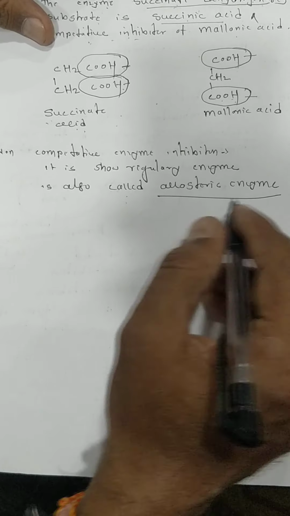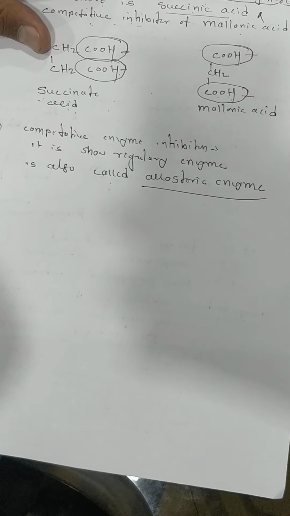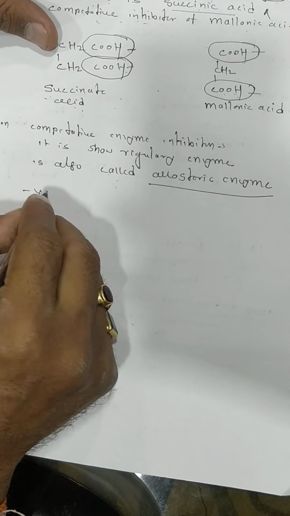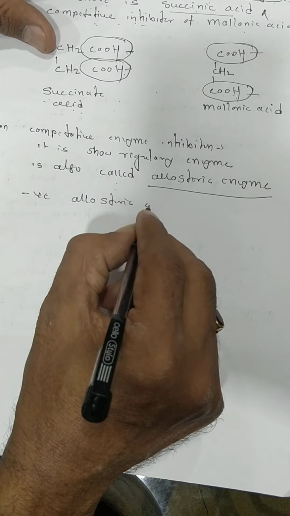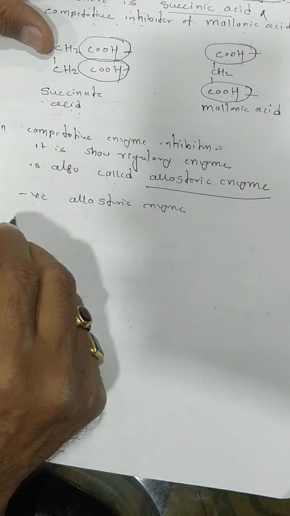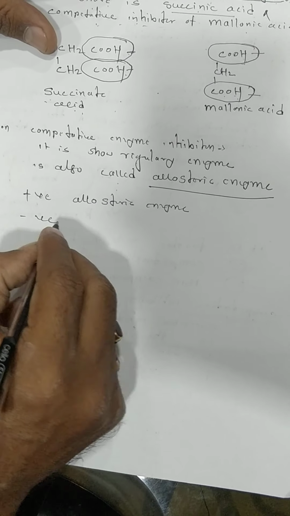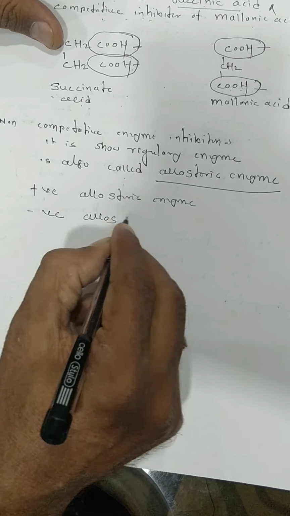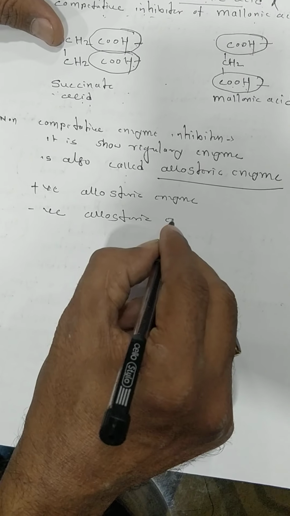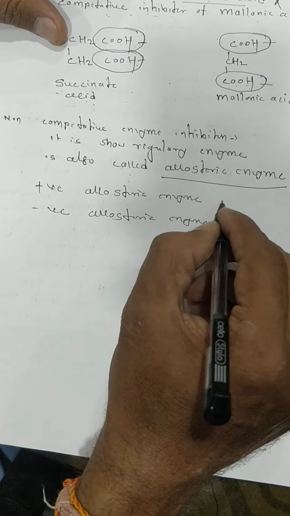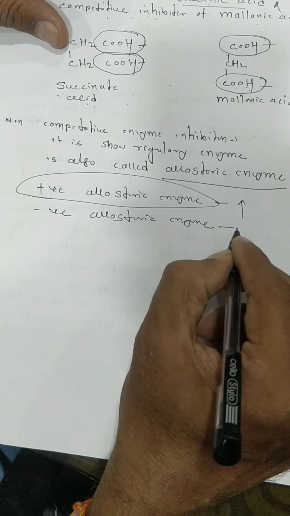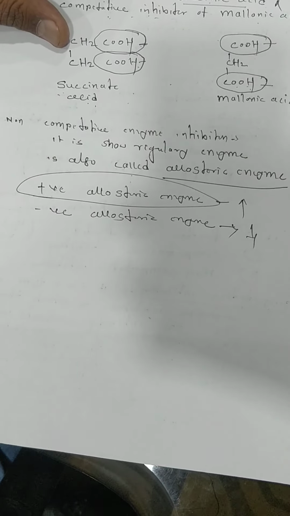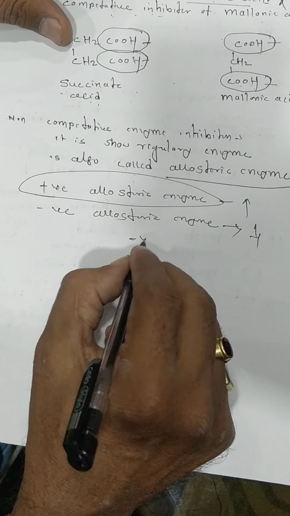Allosteric regulating enzymes are of two types: positive allosteric enzymes and negative allosteric enzymes. Positive allosteric regulation increases the rate of reaction, and negative allosteric regulation decreases the rate of reaction. Now this topic is over. Thank you.